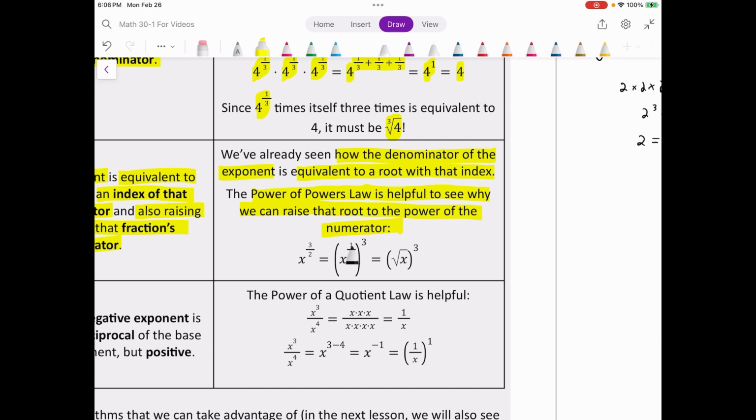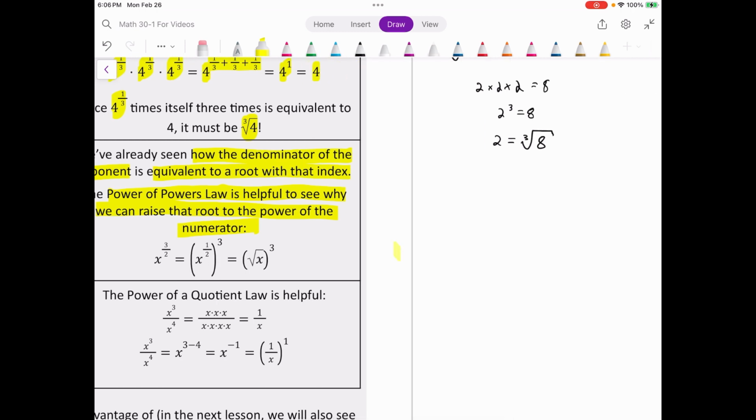But x to the power of 1/2 is the square root of x, right? So this is the same as the square root of x being cubed, okay? Alternatively, if we had x to the 3 over 2, that's equivalent to, we could split that up and rewrite 3 over 2 as 3 times 1 over 2, right? x cubed to the power of 1/2.